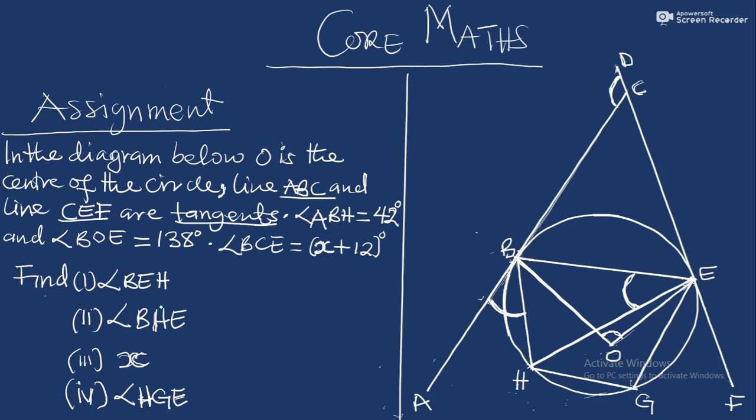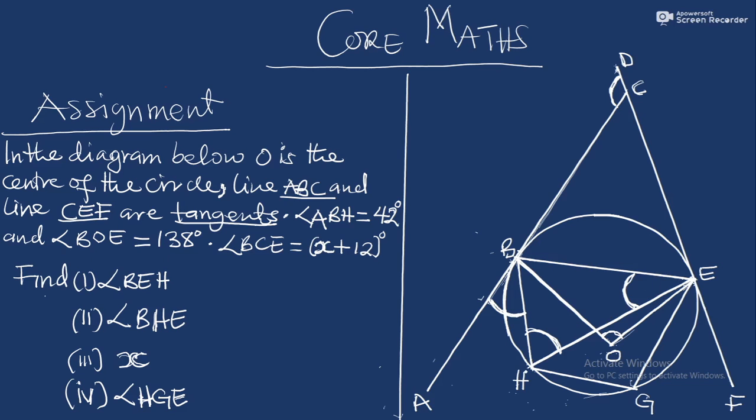So let's move on to II. Good. With II, we're to find angle BHE. So this angle. Okay, this angle. Good. Now tracing that angle also down, you realize that it also falls on chord BE.